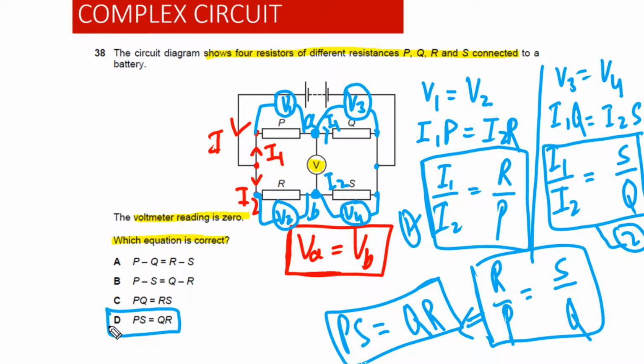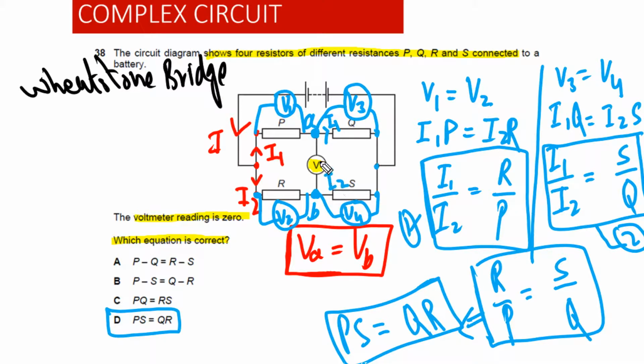This is actually a little long method, but let me explain a shortcut method. This is actually a kind of Wheatstone bridge circuit. If the reading on the voltmeter is equal to 0, we can say the Wheatstone bridge is balanced.